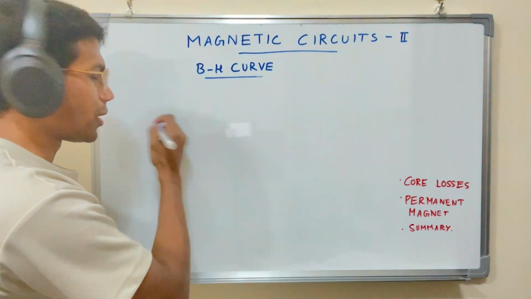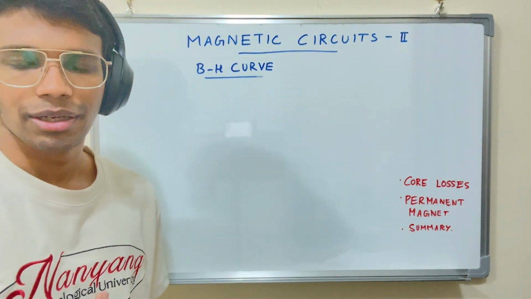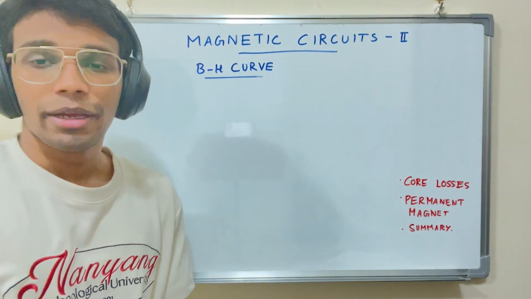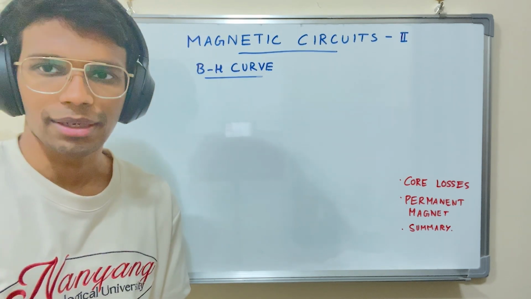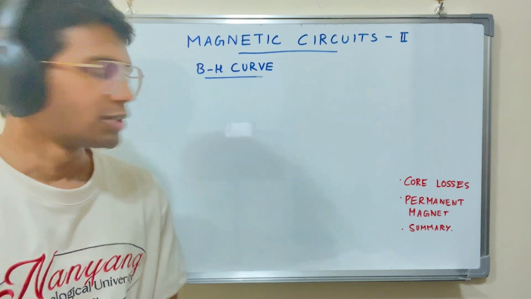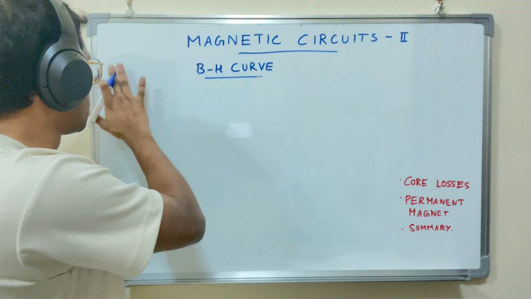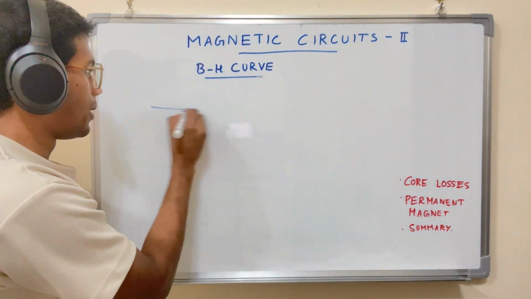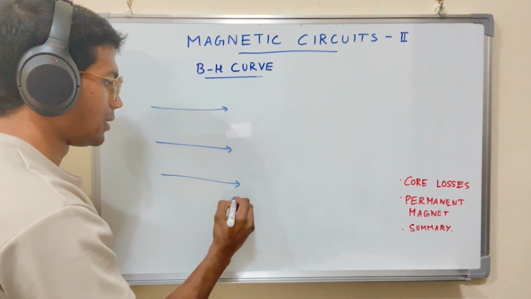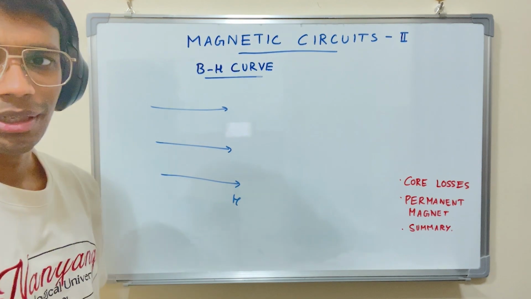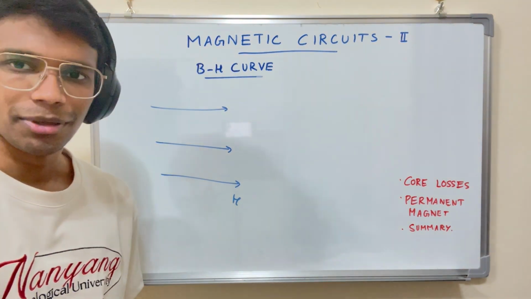So what the BH curve really talks about is the behavior of a magnetic material when an external magnetizing force is applied to it. We can produce a magnetizing force H with the help of a current. We've all studied it by Ampere's circuital law.